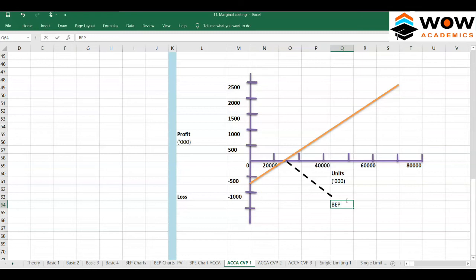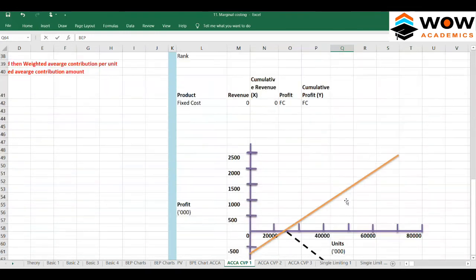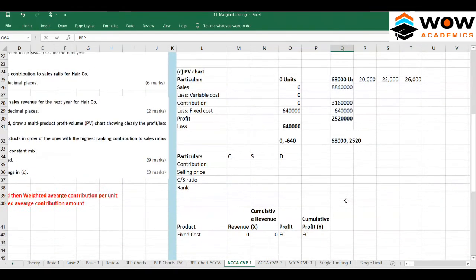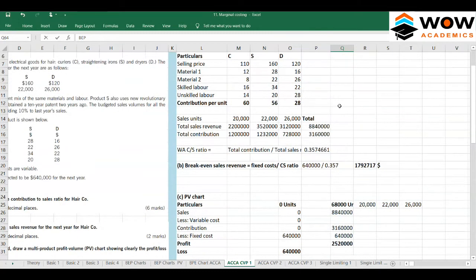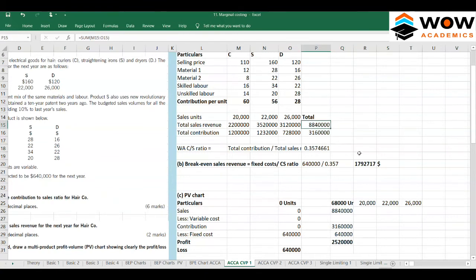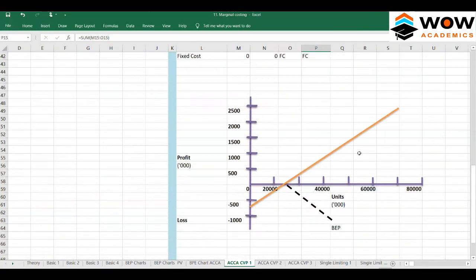See, that's only our wish. Okay, see, this chart should be only shown in sales.